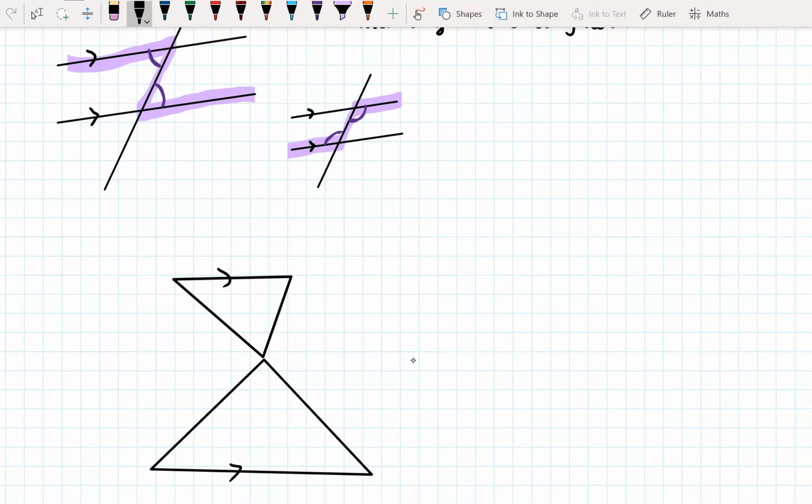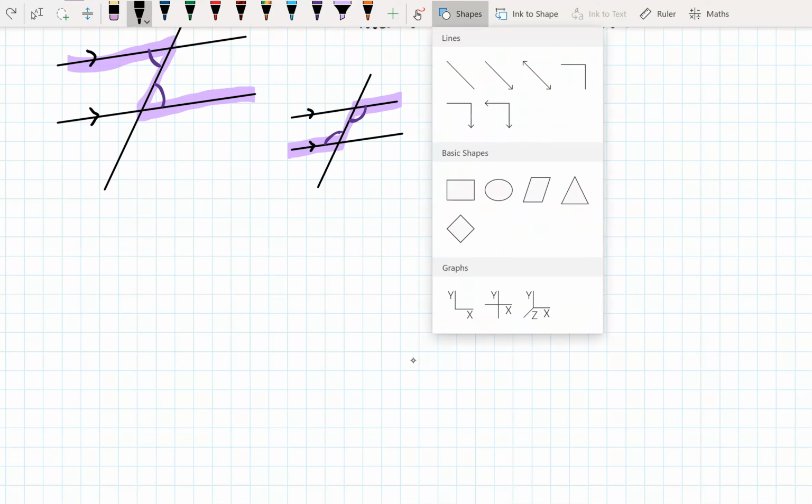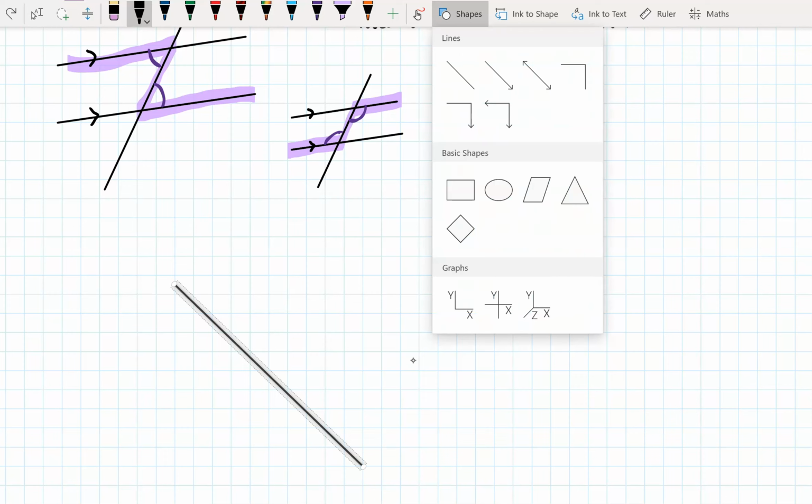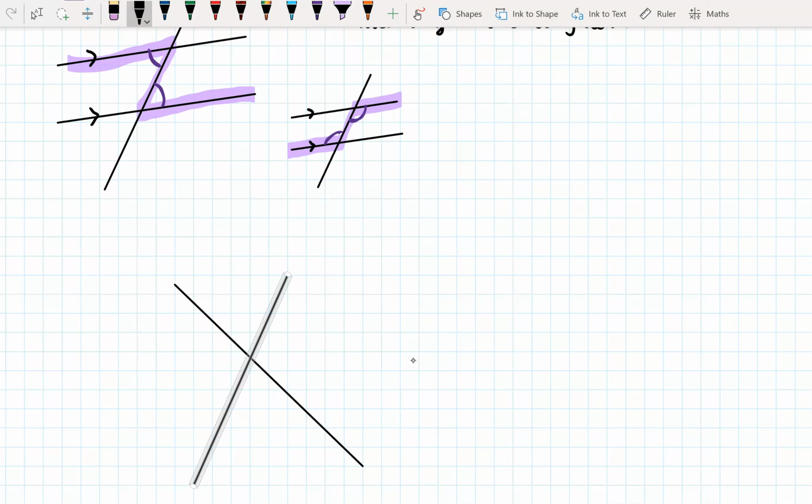Actually, I am going to redraw this because I don't like it. So let's instead use this. Then I know that the lines are straight. Okay, and I'm going to draw one like this, and one like this. I still forget to use that line every time.